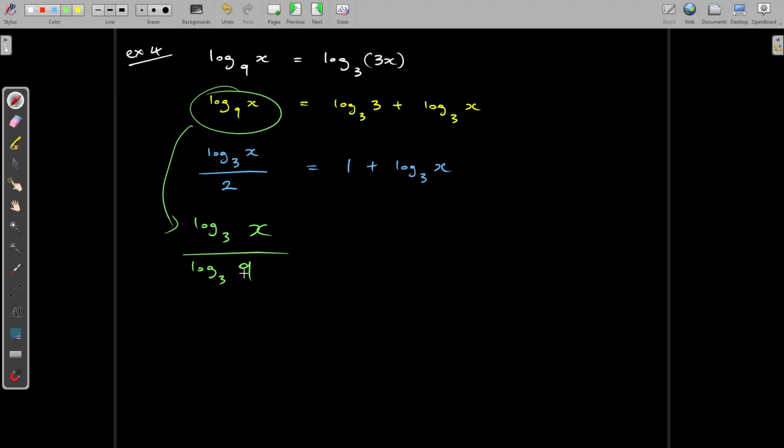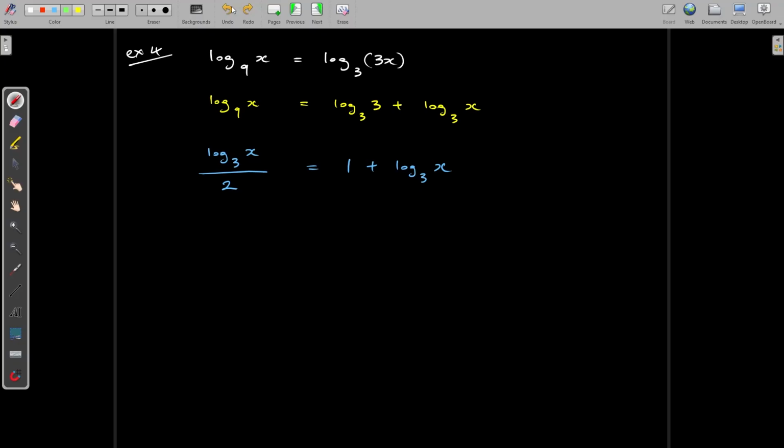However, 9 is the same thing as 3 squared. So this 2 will come to the front, and that will just be 1. So that's how we have a 2 remaining in the denominator. Can you see that? Yes, sir. Alright, go ahead, Richards. I'm okay now.